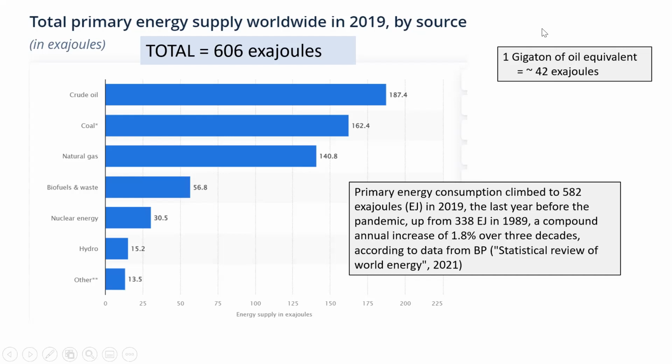So GTOE, ton of oil equivalent is TOE. GTOE is a gigaton of oil equivalent, which is a billion tons of oil that's being burned. So you can actually calculate from the exajoules the amount of oil that's burned.